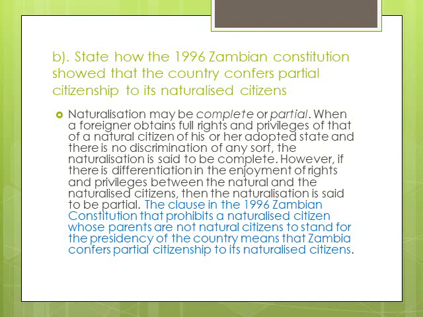So if a foreigner has equal rights as the natural citizen, the one born and bred in that country to parents from that country, naturalization is complete. If they don't have equal rights, it's partial. However, if there is a differentiation in the enjoyment of rights and privileges between the natural and the naturalized citizens, then the naturalization is said to be partial.